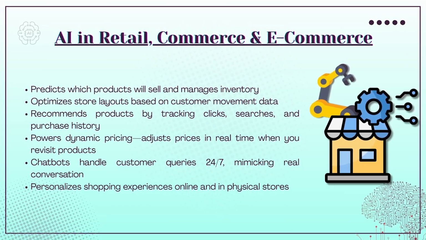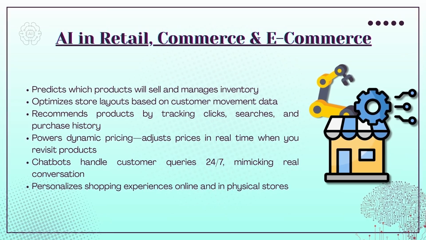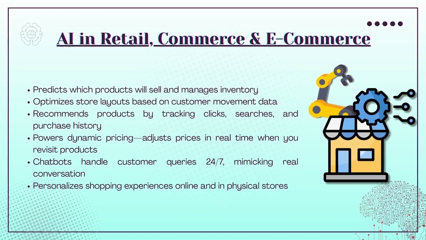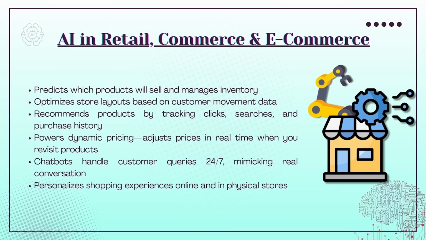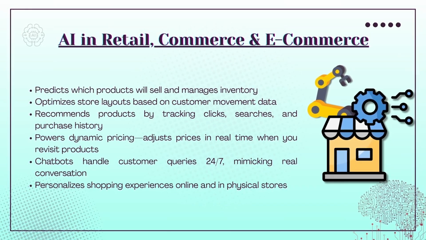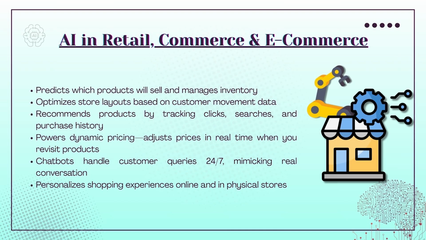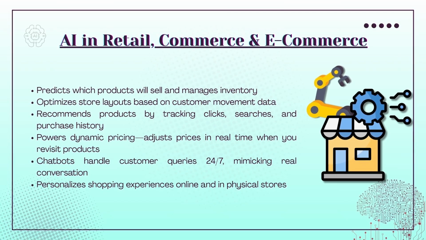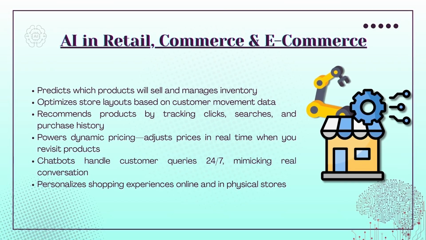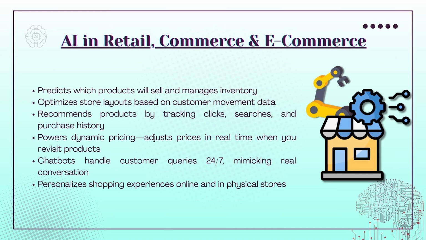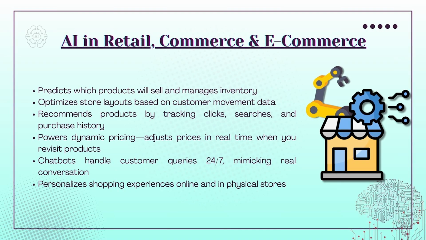And ever noticed how the prices change when you revisit a product? That's dynamic pricing, AI at work. And now, customer service: chatbots today can handle queries like real humans 24/7. So, whether it's Amazon suggesting the next thing that you love or a fashion site adjusting what it shows you, AI is quietly personalizing your entire shopping experience.